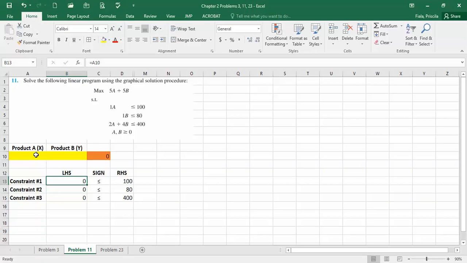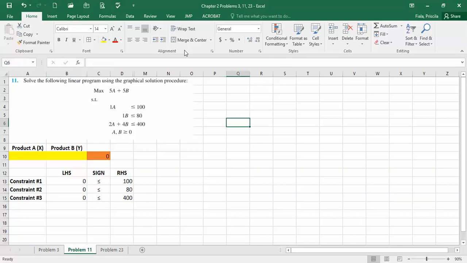Remember we did the little table to get those values? On the second constraint, we have B, and it's saying 1 times B. So 1 times whatever I find over here goes over here. And then lastly, I have the whole formula for this constraint, which is 2 times whatever we find here plus 4 times whatever we find here. It's going to give us this value over here.